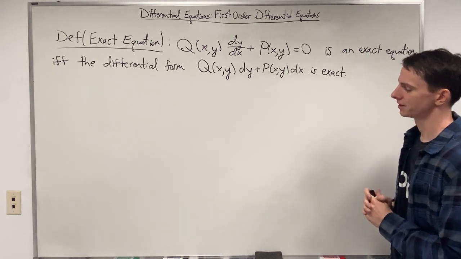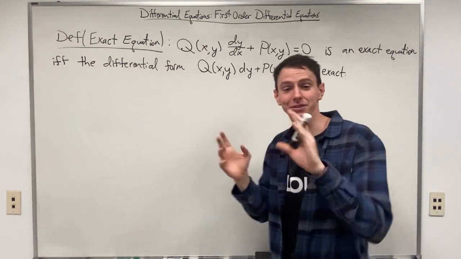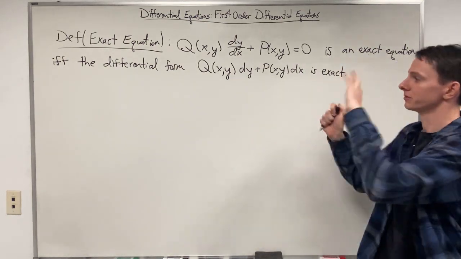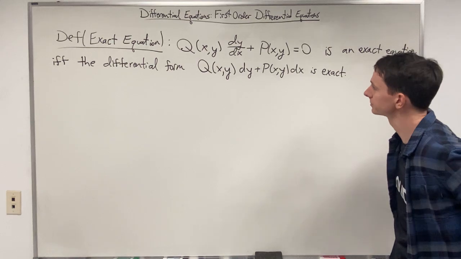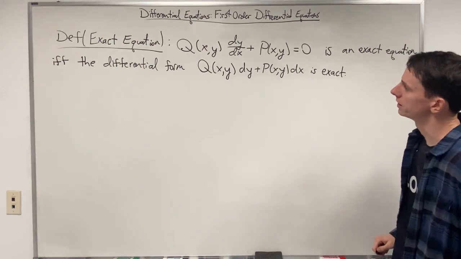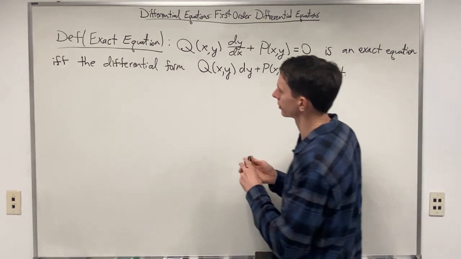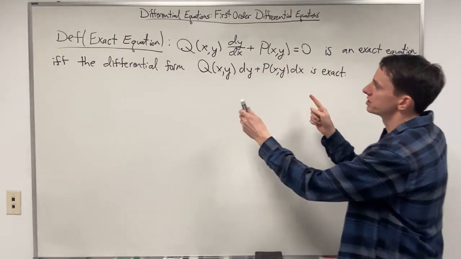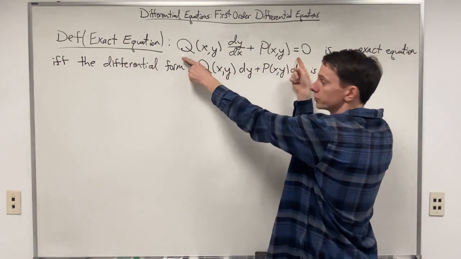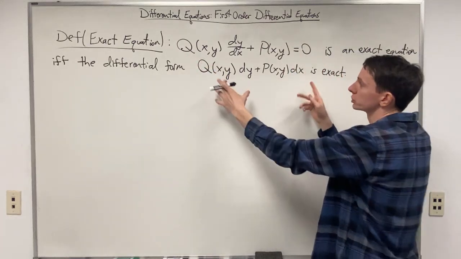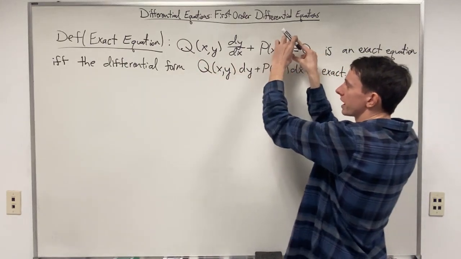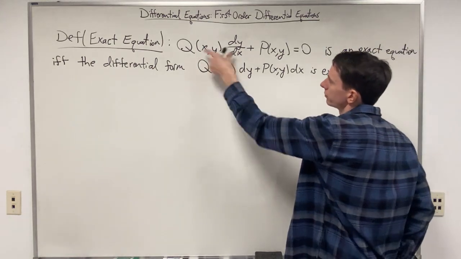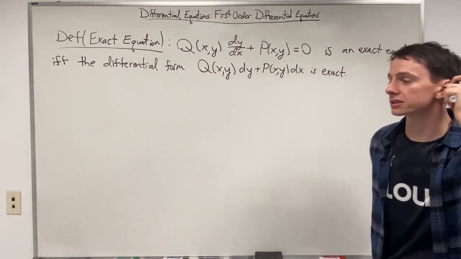All right. Now, this might be a bit of a confusing definition at first, so I want to really take some time to unpack this. First thing is that we have this term here called a differential form. And we can go from the differential equation, which is this, to the corresponding differential form by just looking at the left-hand side of the equation and multiplying both of these two terms by dx, right?